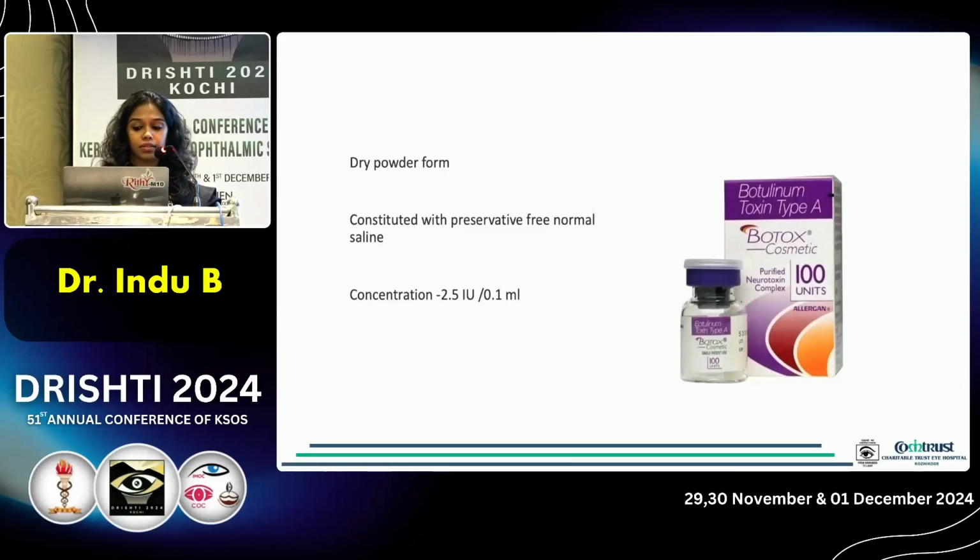The concentration of botulinum toxin that we inject in functional conditions is 2.5 international units per 0.1 ml. It is usually available in 50 units or 100 units, but the final concentration that we make is 2.5 international units for the functional indications.